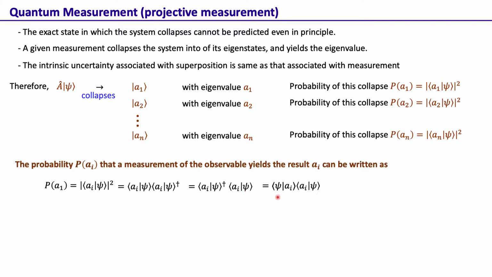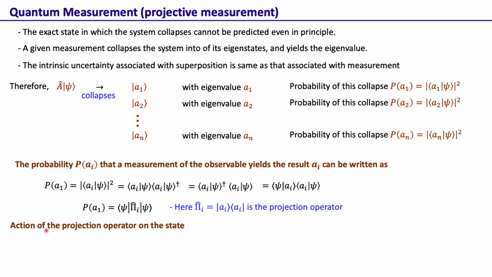So write it like this, and then <Ai|psi>, this we can write as <psi|Ai>. So now we can write this P(ai) rather as <psi|Ai><Ai|psi>. So this |Ai><Ai| we call the projection operator, that we are representing by this Pi_i. That is the projection operator.